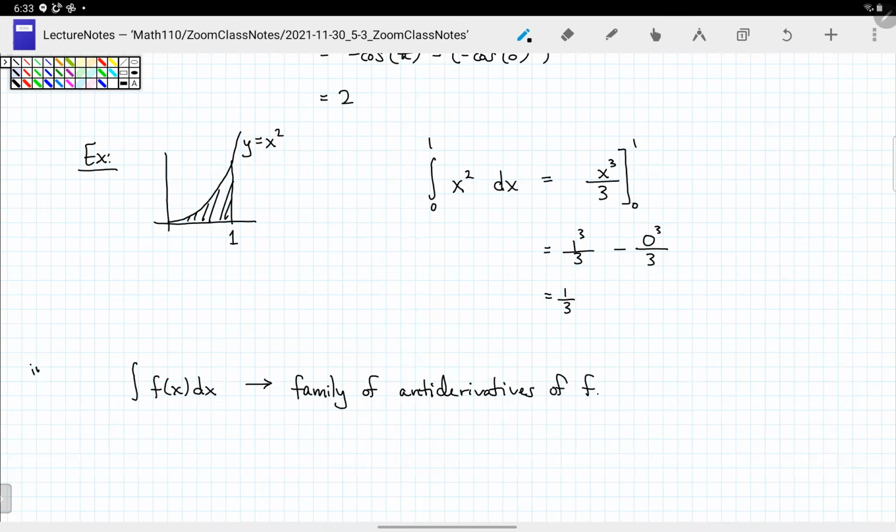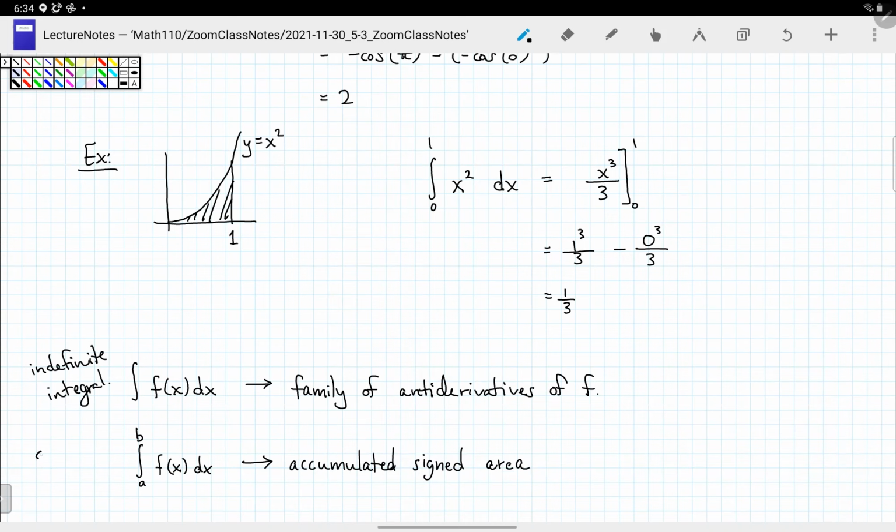Okay, so this is what we call an indefinite integral. And a definite integral is where we specify some interval of integration. And this is going to be that accumulated signed area. This is going to be what we call a definite integral. Basically, what we have is the indefinite integral.